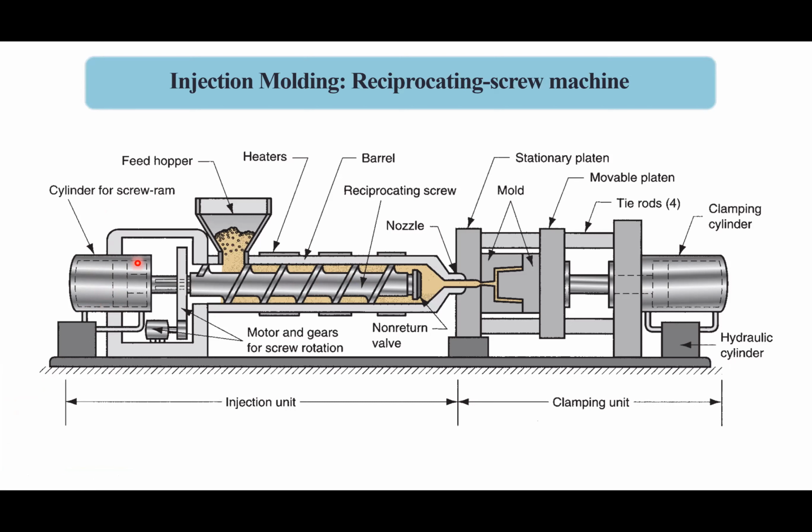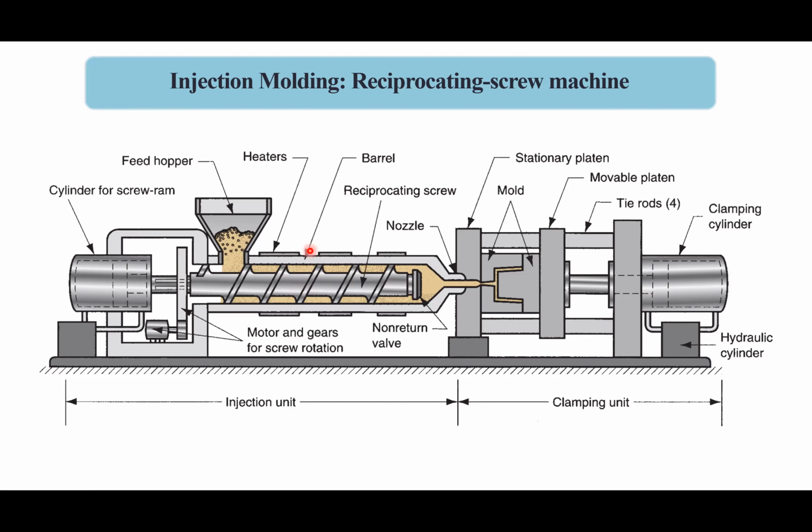So we use a screw ram to move the screw backward and forward. And the screw, as in the continuous extrusion method, should increase in diameter toward the forward direction, so that we can compress the material that flows through the cylinder or barrel.